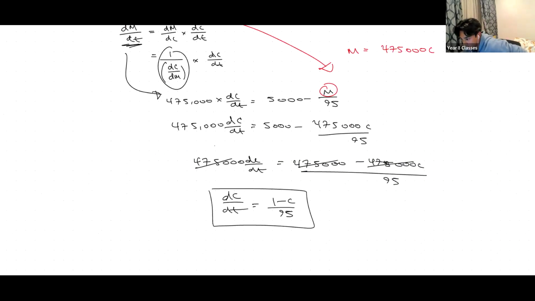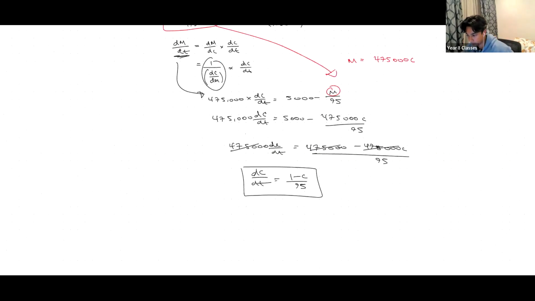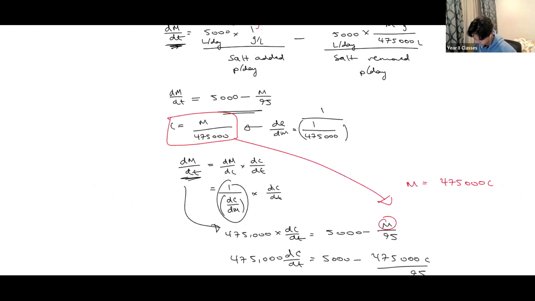So essentially the difference once we got dm/dt was just realizing that our expression for concentration was going to be m over 475,000, because that's your grams of salt over your total volume. Then from there, we had our dm/dt expression, and we knew what the right-hand side was, but we're looking for dC/dt, so we use the chain rule.